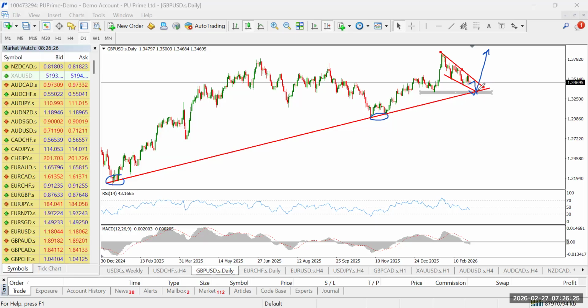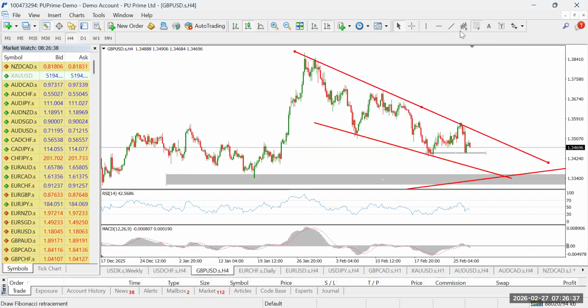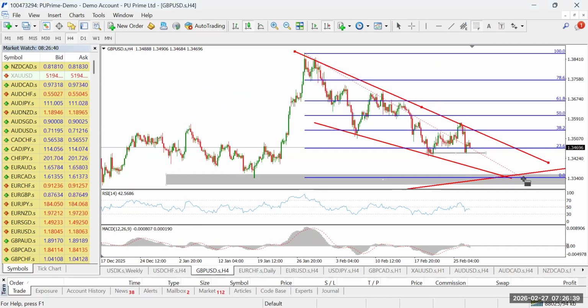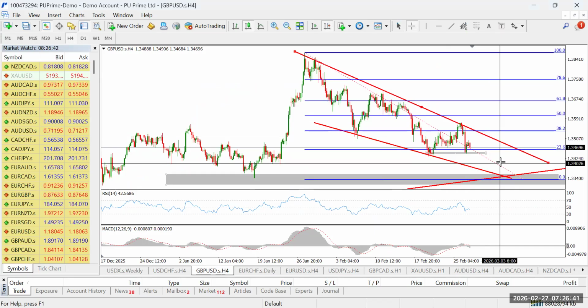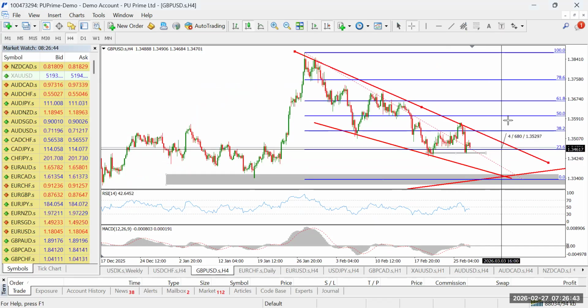But I believe if price can drop to this lower part, then hit that support and the trend line, then I can take a massive bullish breakout from there. That massive bullish breakout can lead to a lot of profit, and from this entry it can give as much as about 140 pips to Fibonacci 50, about 200 pips to Fibonacci 61.8, and as much as 290 pips to Fibonacci 78.6.